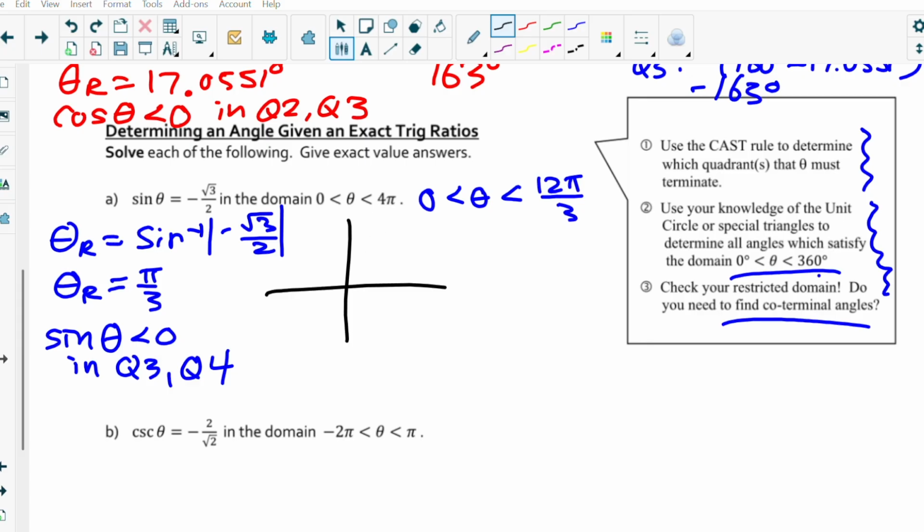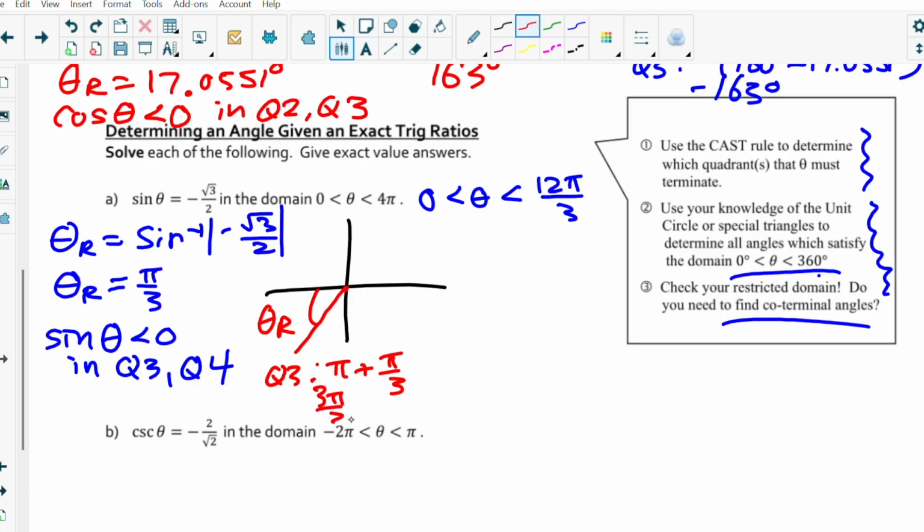In quadrant 3, okay, pi over 3, that's pi over 3. In quadrant 3, my angle in standard position is pi plus pi over 3.